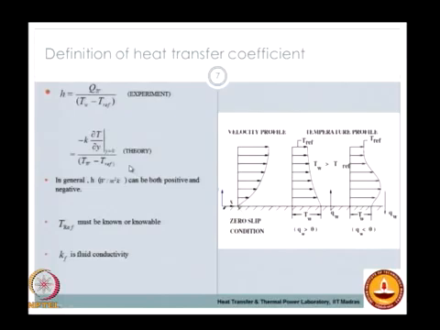If you define your heat transfer coefficient in this manner, minus k dT by dy at y equal to 0 by T wall minus T infinity, you find that the gradient dT by dy is continuously decreasing with increasing y, and therefore this will be negative and negative, so this becomes positive, and therefore your heat transfer coefficient comes out to be positive.